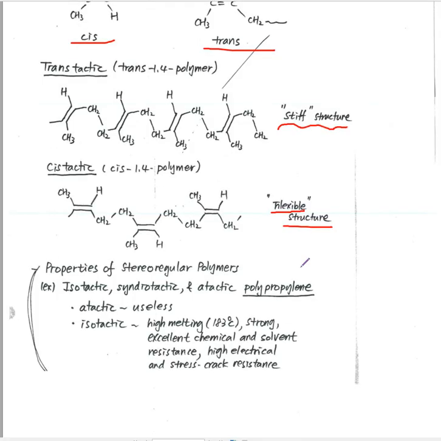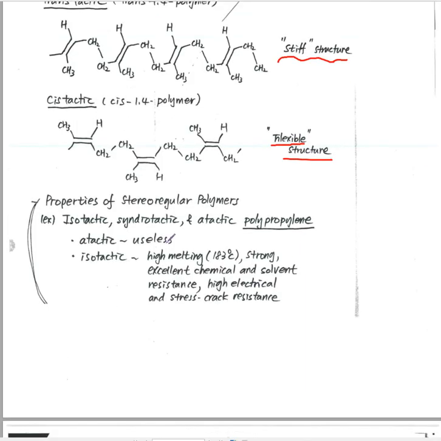As an example, if you check the properties of stereoregular polymers such as polypropylene, and compare isotactic, syndiotactic, and atactic polymers, atactic ones are quite useless in terms of industry, but isotactic polypropylene, with high melting point and really high mechanical and thermal resistance, is generally applied for a variety of applications.